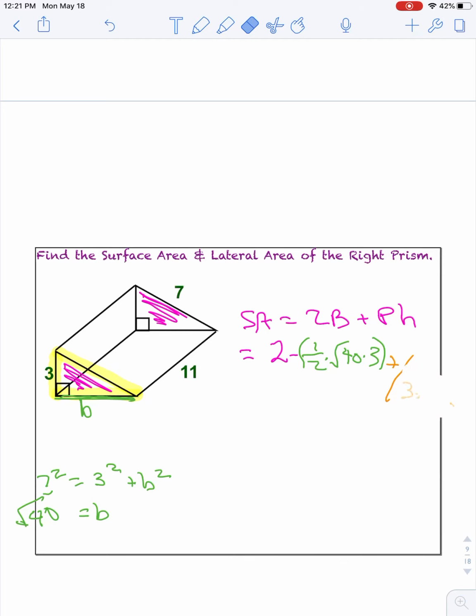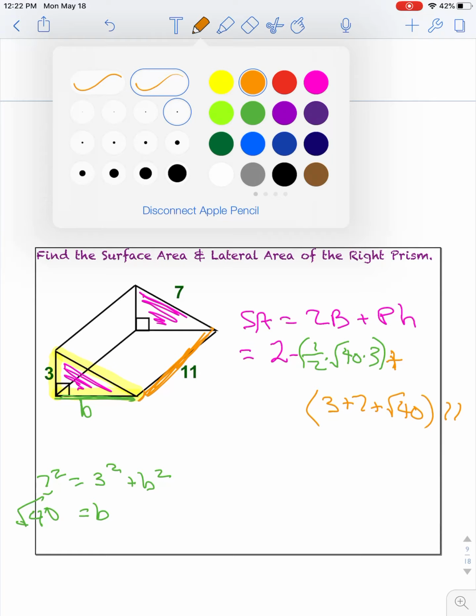So let's see if I can maybe make this a little bit neater here for you. So we're adding the 3 plus the 7 plus the square root of 40, that's the perimeter, times the height of the actual prism.